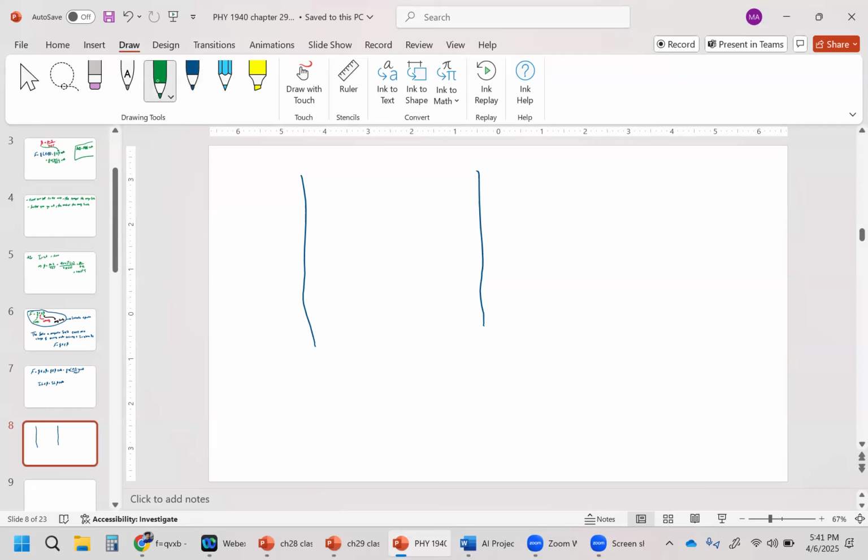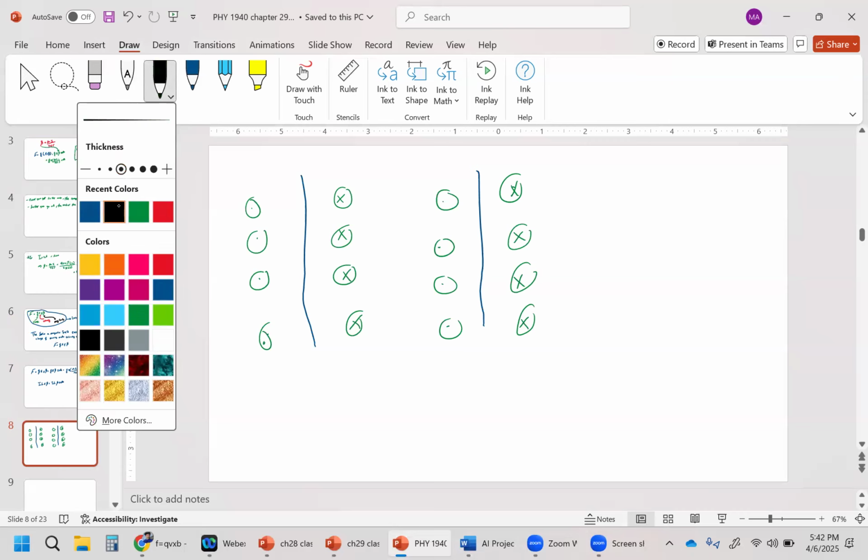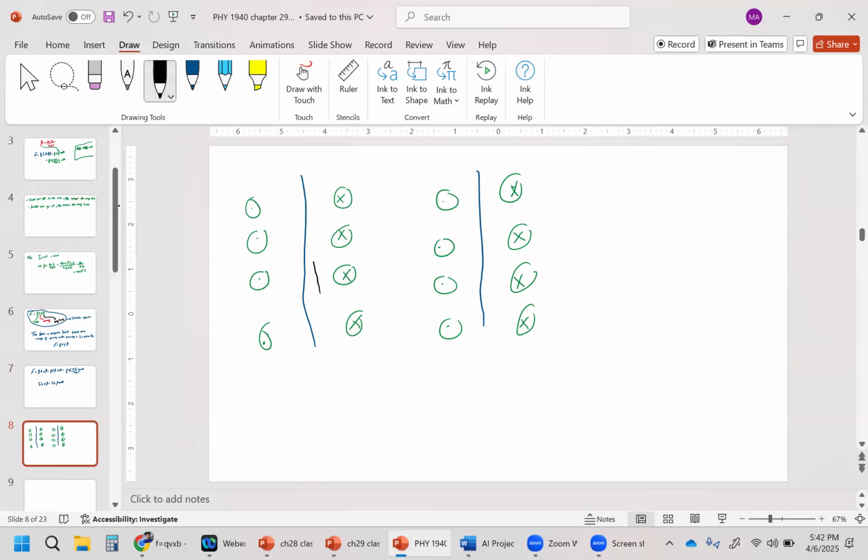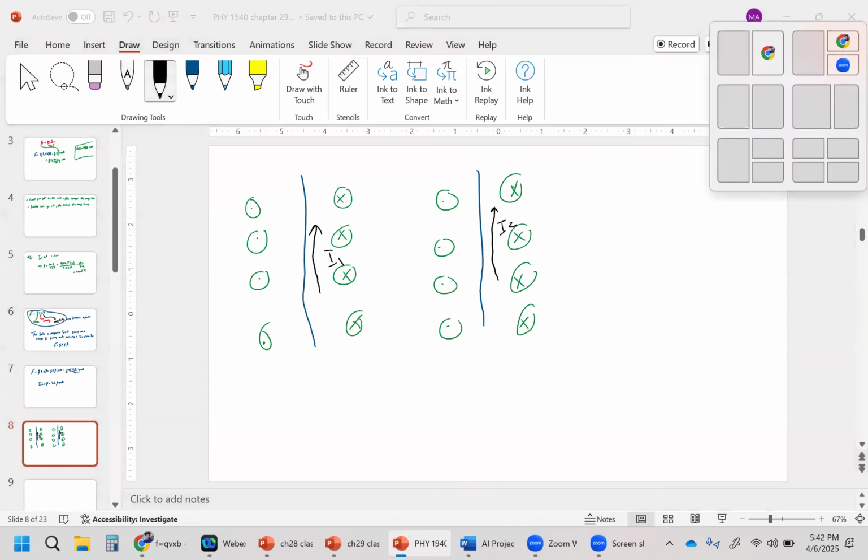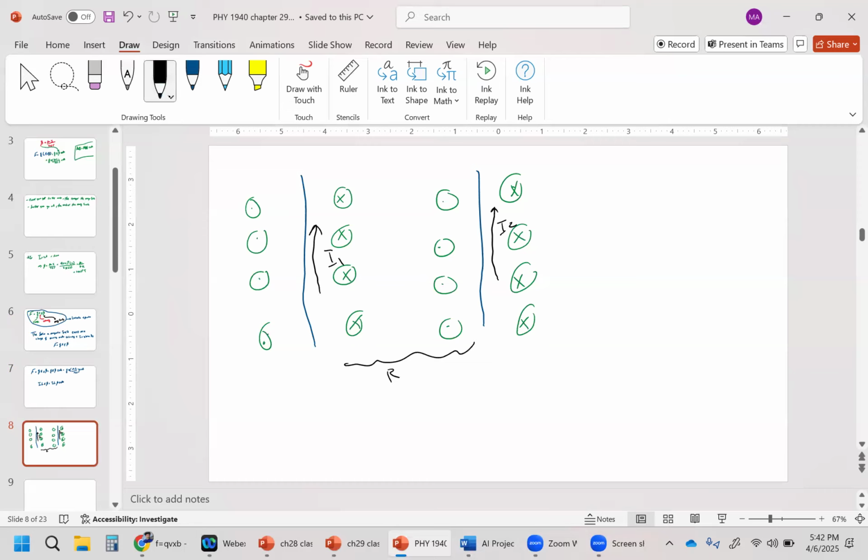So we've got our first wire going out, in, out, in, out, in, out, in. Same thing with this one. Let's say this is your out, out, out, and then going in, in, in, in. We've got the current I1 and your current I2, and let's say they're separated by distance R.